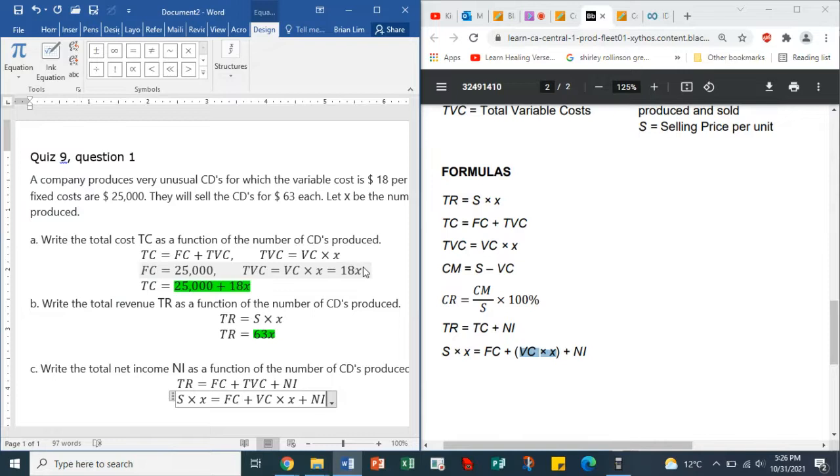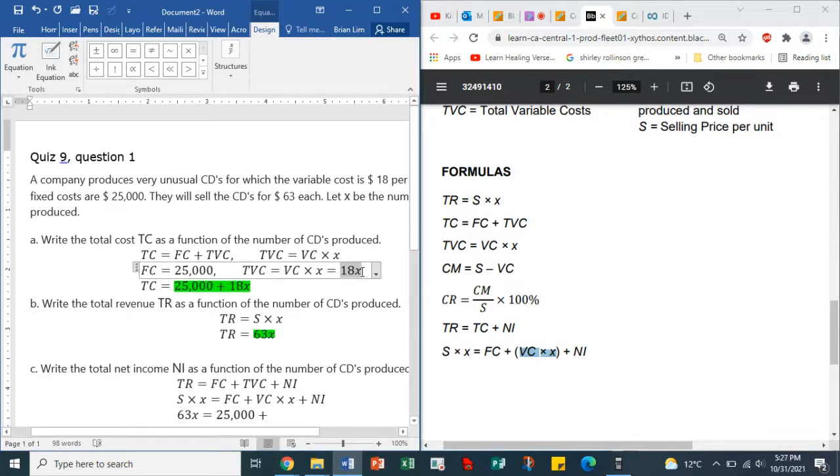All right, good. Let's fill in the numbers first and then we'll get somewhere. S times X we have right up here. That's the 63X, equal to 25,000. Plus the variable cost, which would be 18 times X, correct?